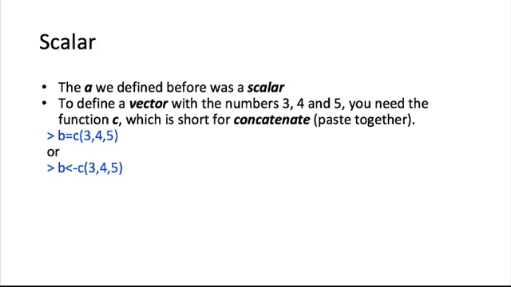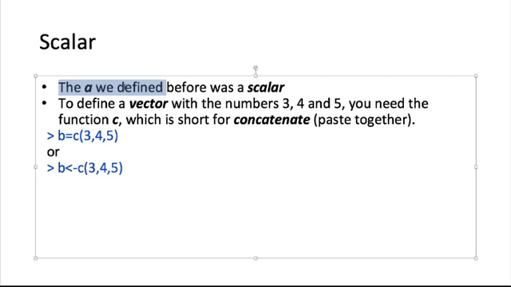So a scalar is a value such as the number 3 or 4 or 5. And a scalar can be stored and it can be used. Take, for instance, a situation like this, where we have the value a that we had defined before.